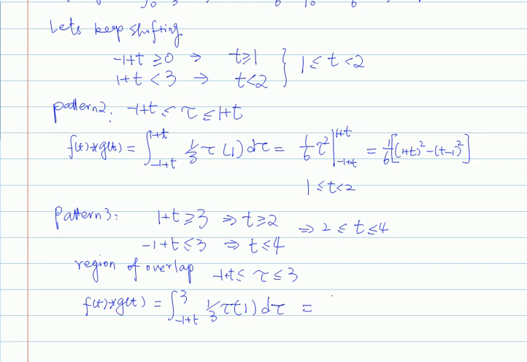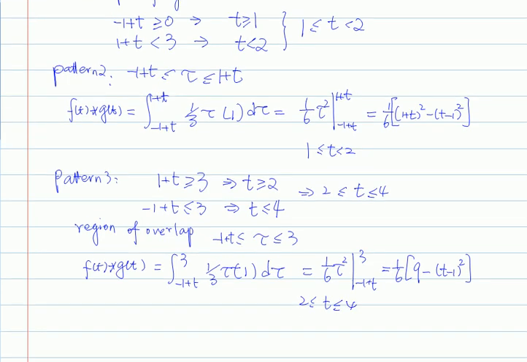Then it's 1/3 tau squared evaluated to 3. So you place in the numbers here, and this is what you get for this much shifting where t is greater than 2 but less than 4. So that's pattern number 3.